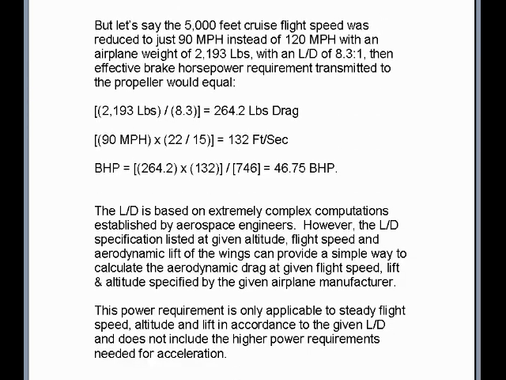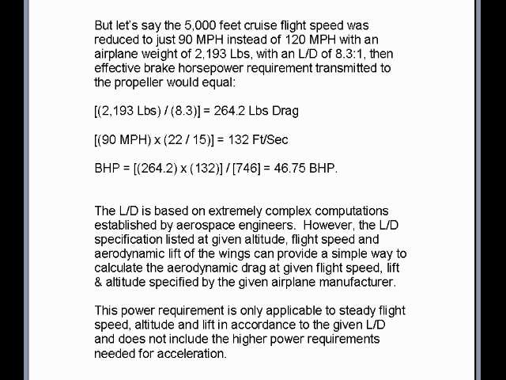But let's say the 5,000 feet cruise flight speed was reduced to just 90 miles per hour instead of 120, with an airplane weight of 2193 and an L over D of 8.3 to 1, then the effective brake horsepower requirement transmitted to the propeller would equal 2193 pounds divided by 8.3, so 264.2 pounds of drag.